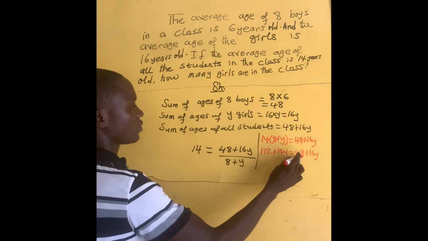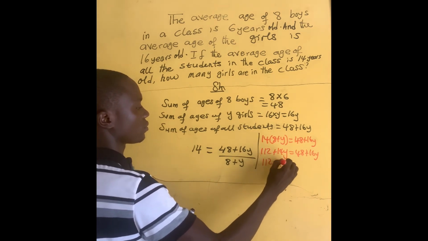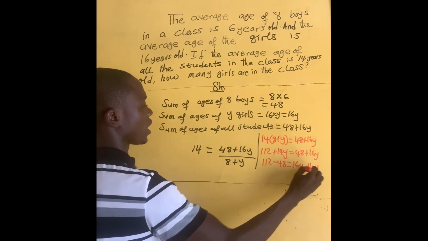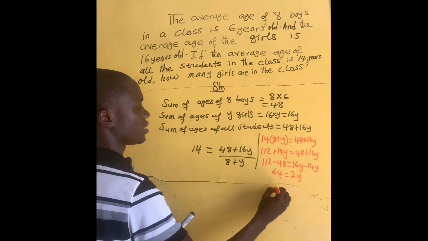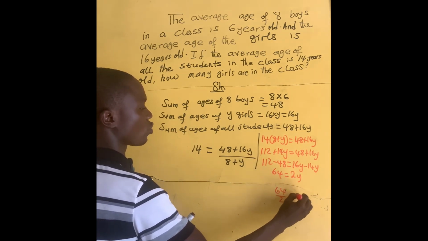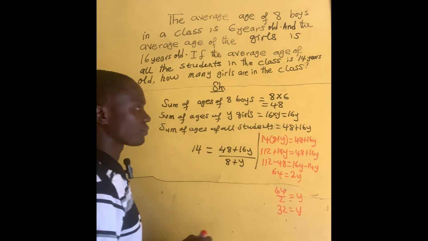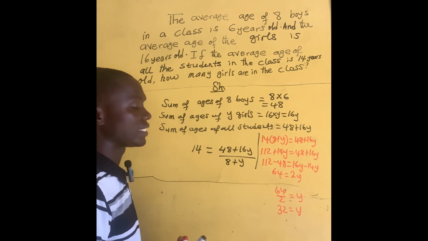This will give us, we take 48 from 112 equals 16y minus 14y. We have 64 equals 2y. 64 divided by 2 equals y. And we have 32 equals y. This means that the number of girls in the class is 32.